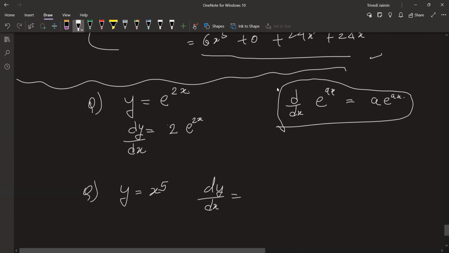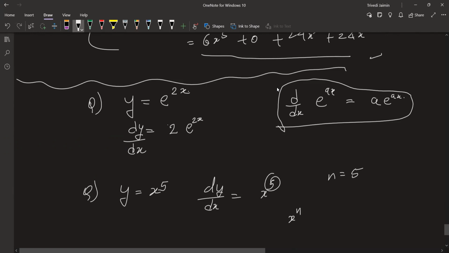So can I say the answer? One second, let her try, please. Sir, I'm not understanding. Okay, Aditi? Is it 5x to the power 4? Yes. So what we are doing here, x to power 5 means n is here 5. So what's the formula?